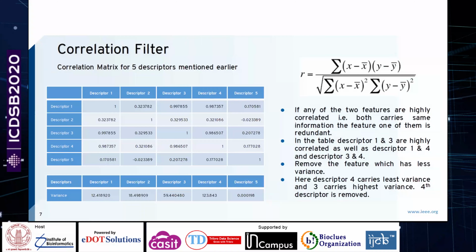There are different filter ranking methodologies like correlation filter. It tries to remove the features which are highly correlated among themselves. Because if two features are correlated among themselves, both of them carry the same information. So you need to remove the feature which is having lesser variance. The more the variance of a particular attribute, the higher the information it has.